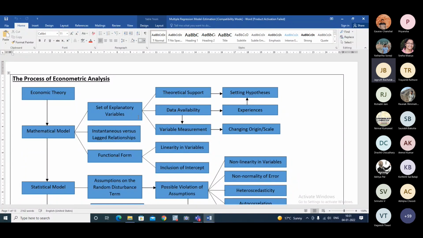So, what should be the set of explanatory variables to be considered? Second is instantaneous versus lagged relationships. Again, this is very, very important.